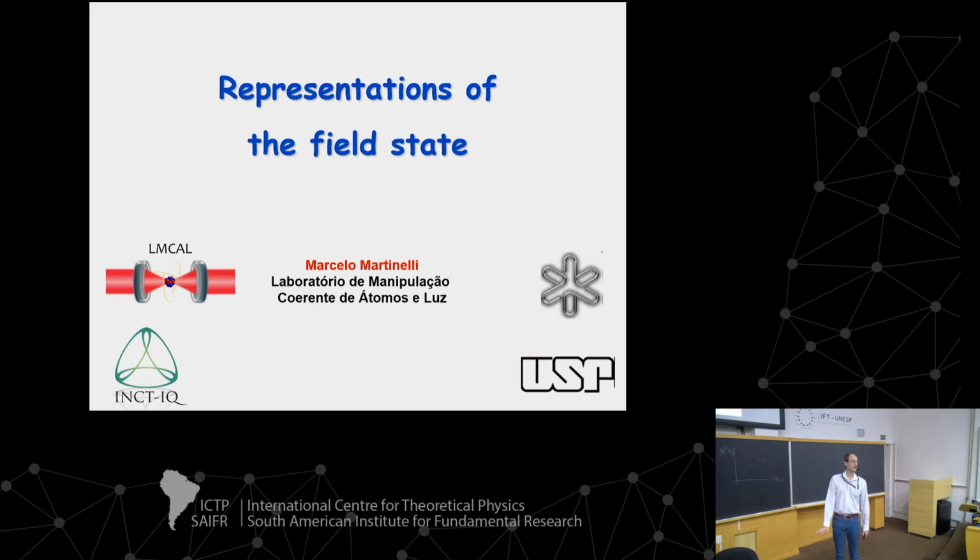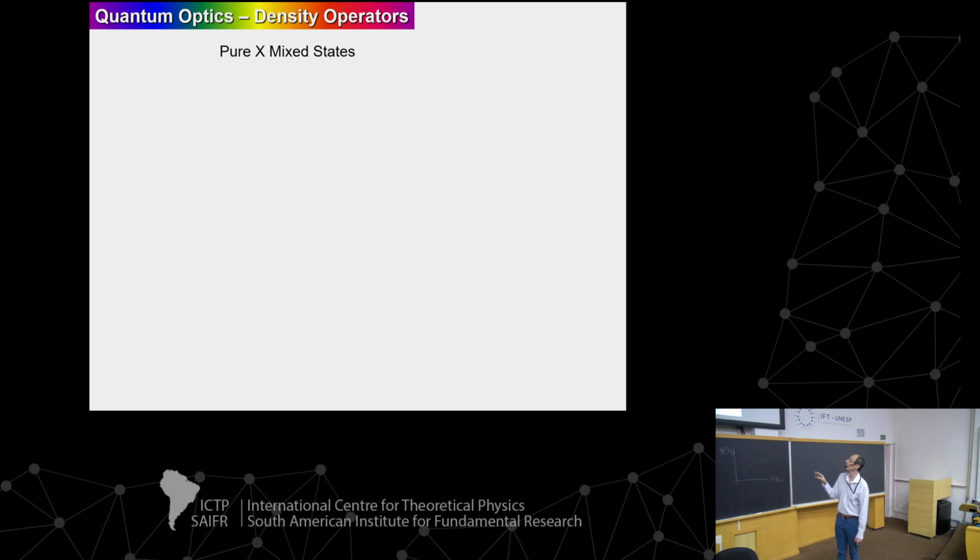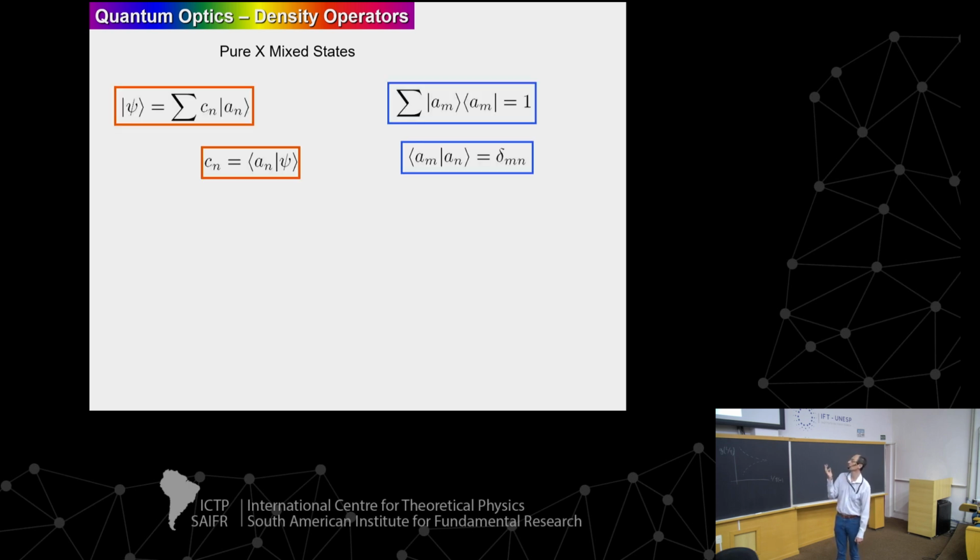Try to follow me through the calculations and grab a bit of the idea of what's being processed, what's the operation involved. Because now we will begin from the density operators and the description that we came out of the pure states described by a vector in your Hilbert space.